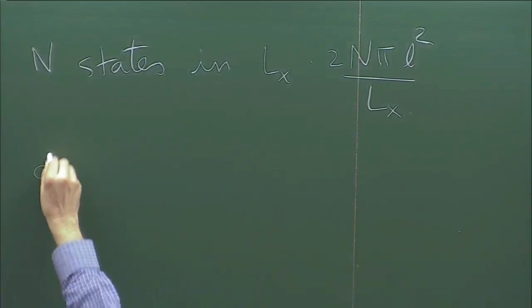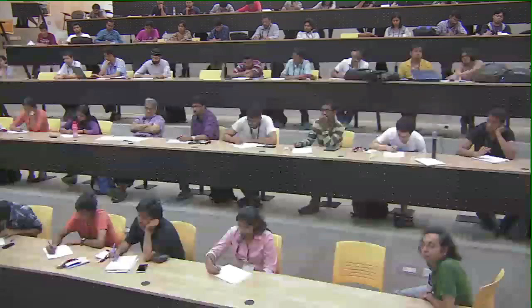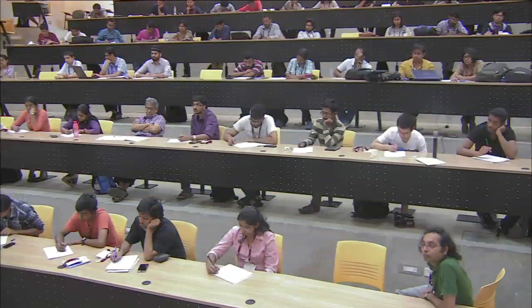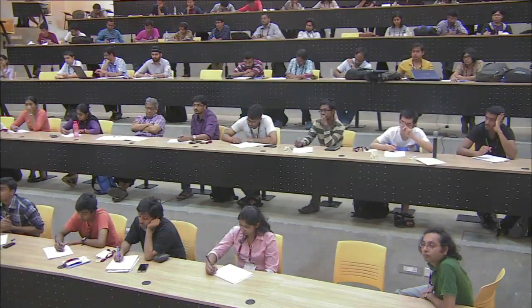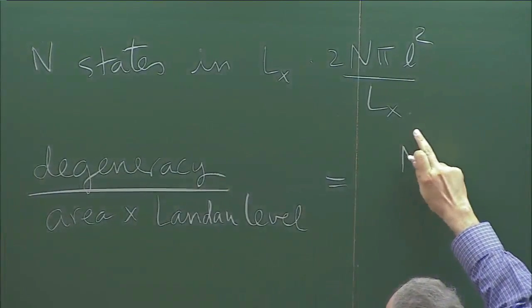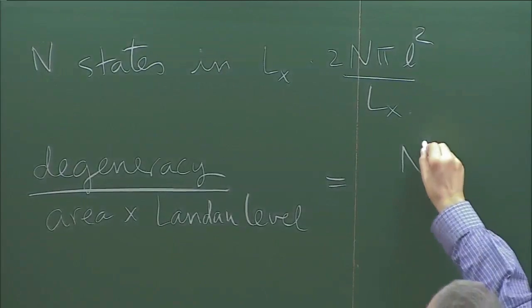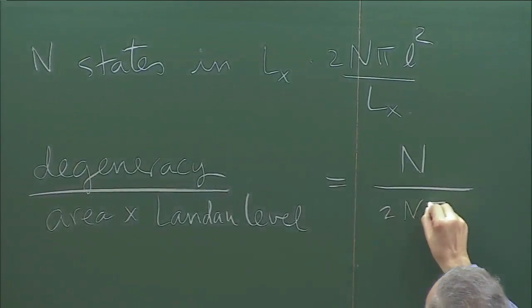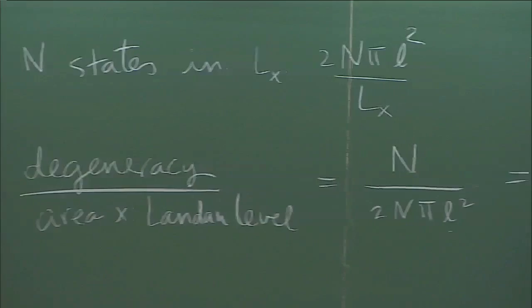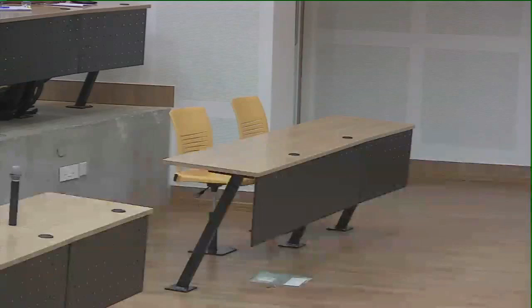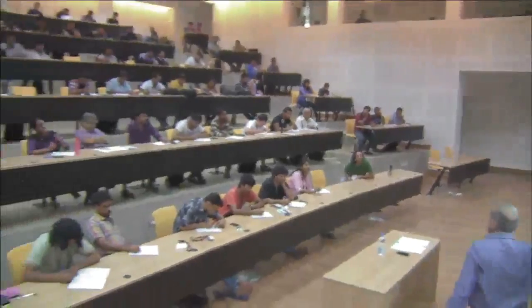And therefore the degeneracy per unit area for a lambda level is equal to the number of states divided by the area. So that's 1 over 2 pi l squared. Okay, so in a unit area, in each lambda level, I have this many states.